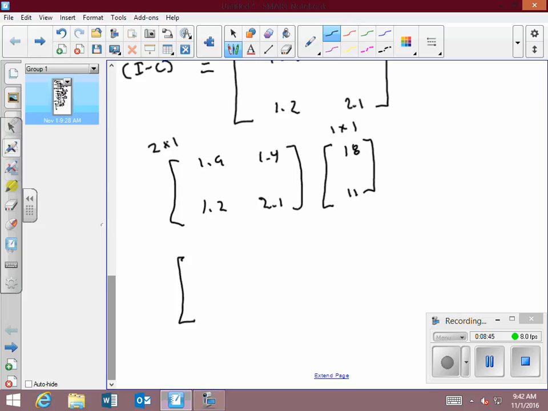So our first one is going to be the first row times the column. So it's 1.9 times 18 plus 1.4 times 11. And then it's 1.2 times 18 plus 2.1 times 11.